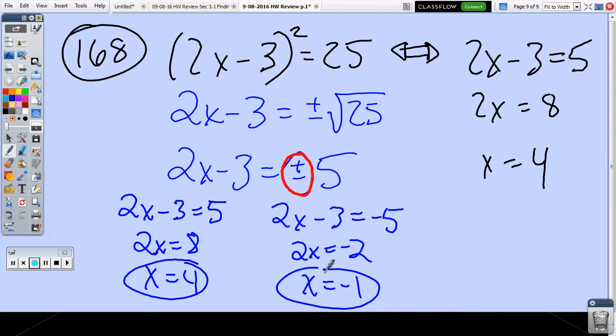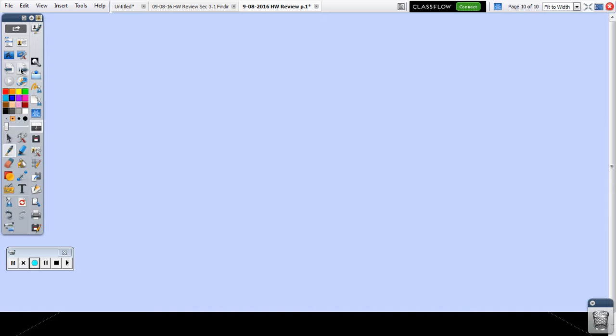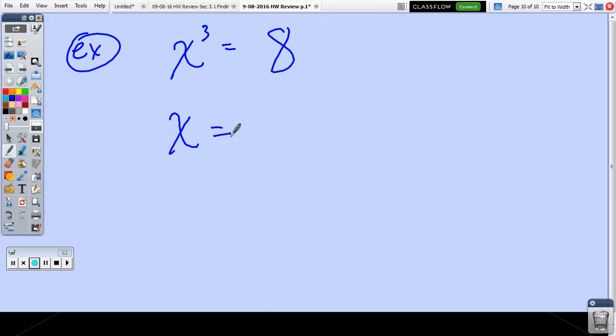Let me give you an example to solidify what I'm talking about. If I had something like x cubed equals 8, a perfect cube, and I take the cube root of both sides, again considering only real values, I don't do plus or minus here because I took an odd root.